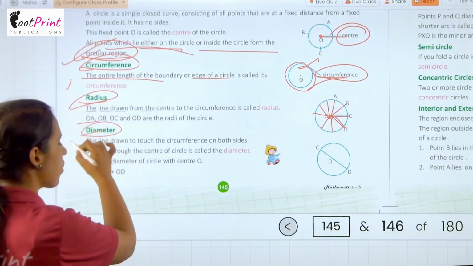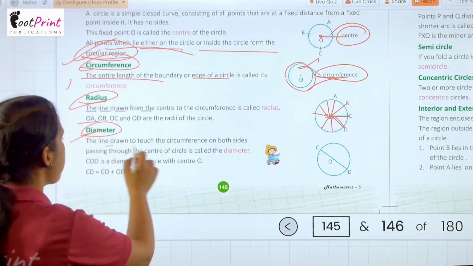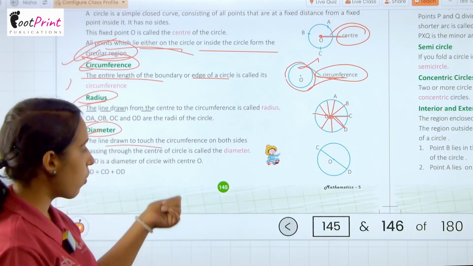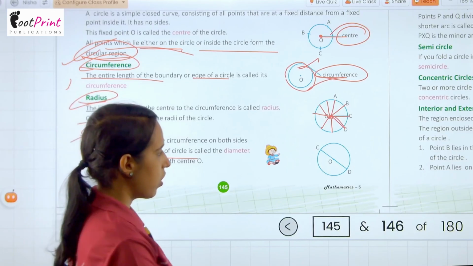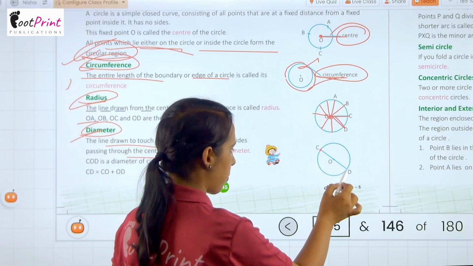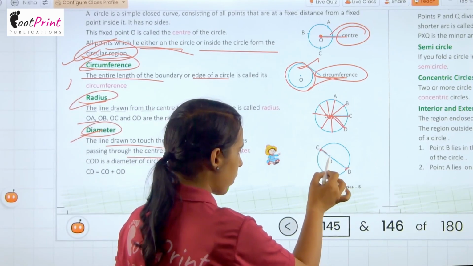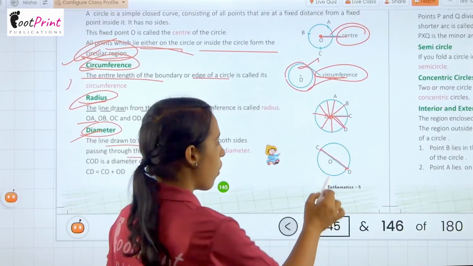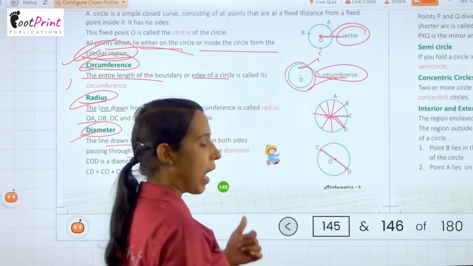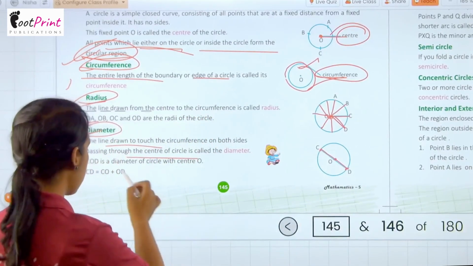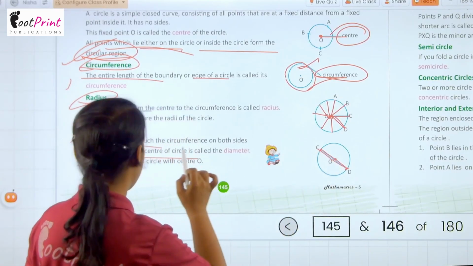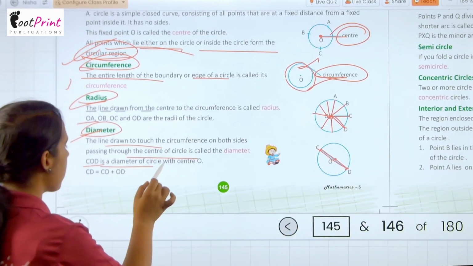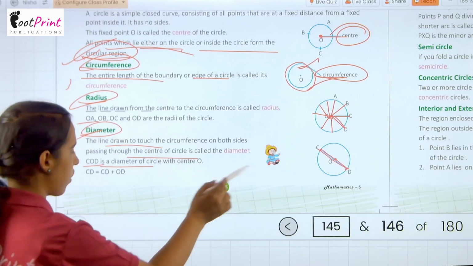Now diameter. So what is diameter? The line drawn to touch the circumference on both sides, passing through the center of the circle, is called diameter. So a line segment that touches the circumference on both sides and passes through the center, we call that diameter. Okay, so COD is a diameter of the circle with center O here.